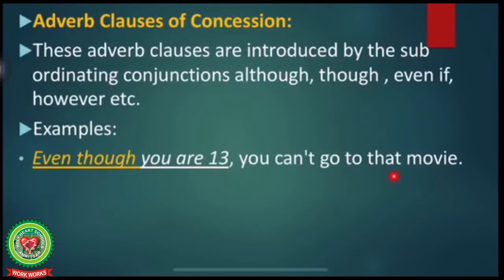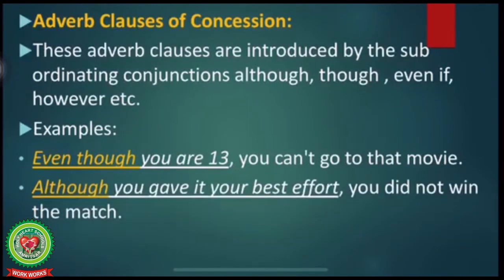And you can't go to that movie is a principal clause. Similarly in the next sentence, although you gave it your best effort, you did not win the match. Again, although is a subordinating conjunction of contrast, so although you gave it your best effort is a subordinating clause of concession.